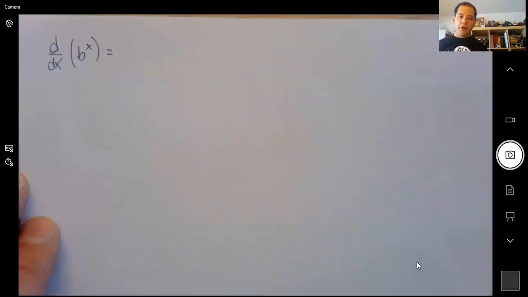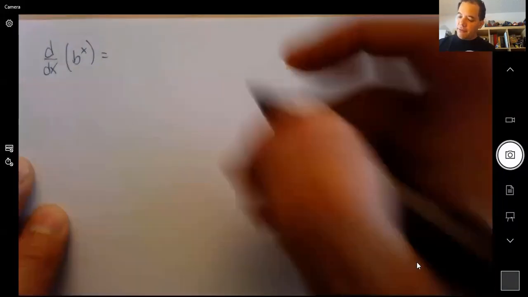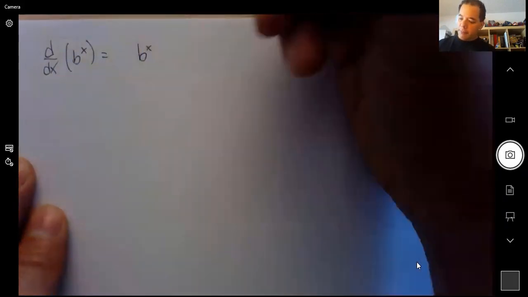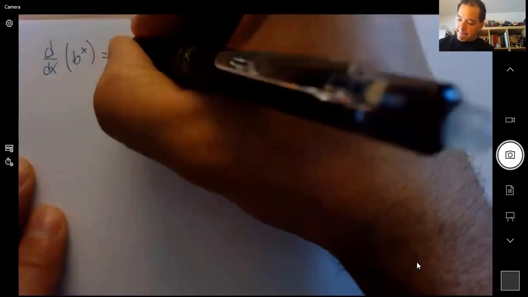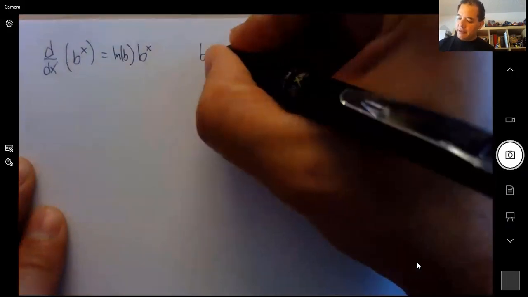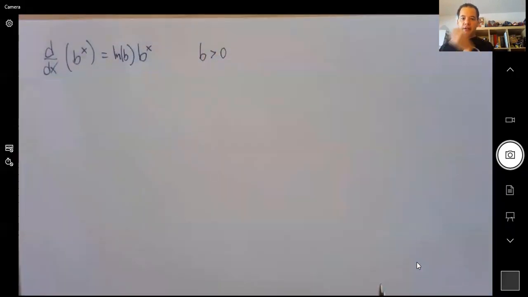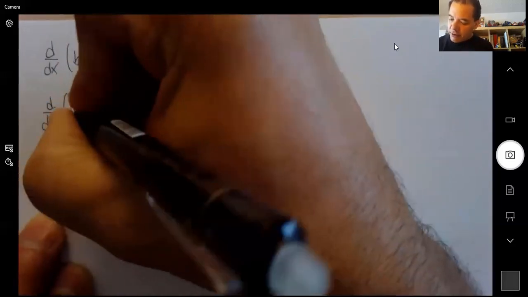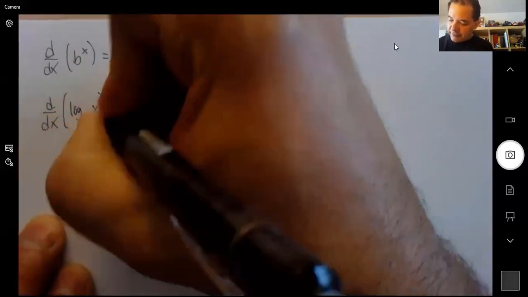Right? And you need to remember that they are like exponential functions. So the derivative of b to the x is almost b to the x, except you need to multiply by ln b, right? And this assumes here that b is a positive real number. All right, so that's one of them. Then we also have this one, the derivative of the logarithm base b of x.